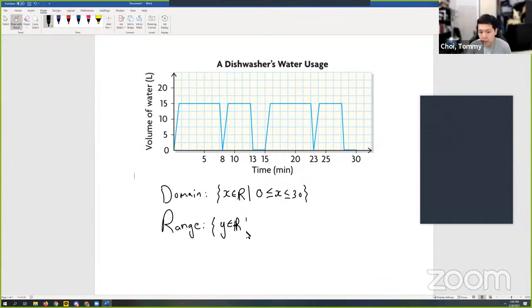Y is any real number such that 0 is less than or equal to y, which is less than or equal to 15, the highest one there. So this would be the domain and range for this function, where y can be any number between 0 and 15. Okay.